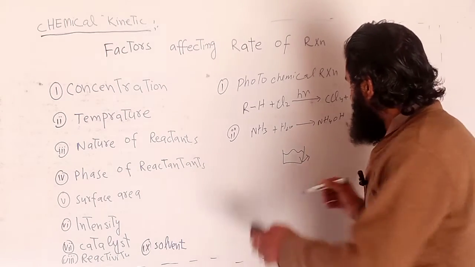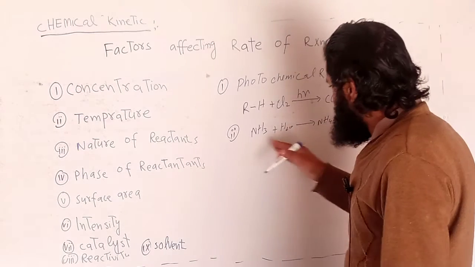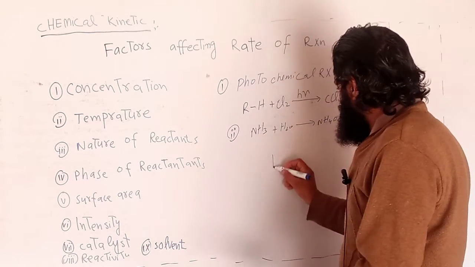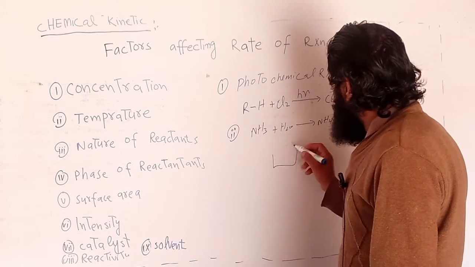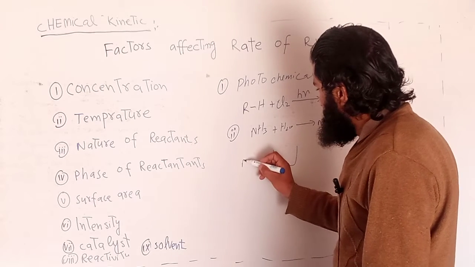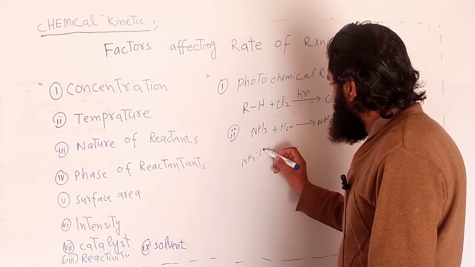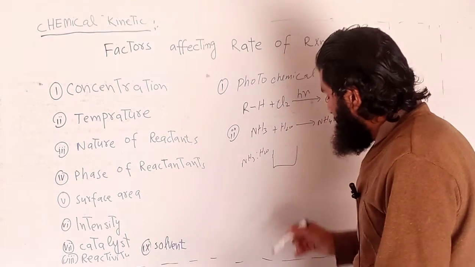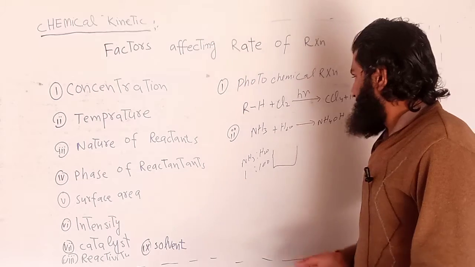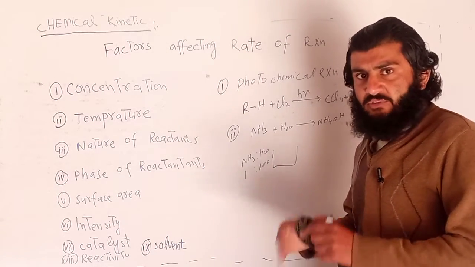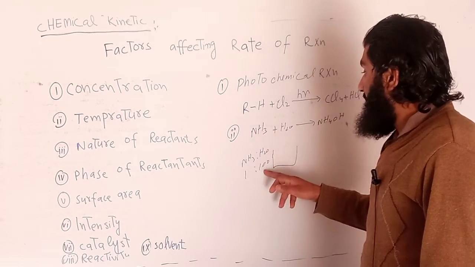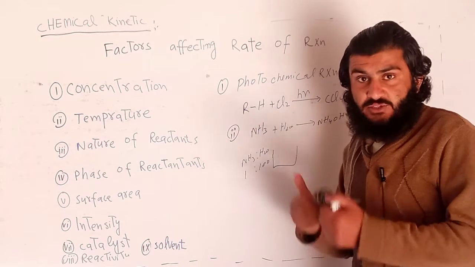For example, if we take the ratio of NH3 and H2O in a beaker, and the ratio is 1 to 100, it means for one NH3 molecule there are 100 molecules of H2O.